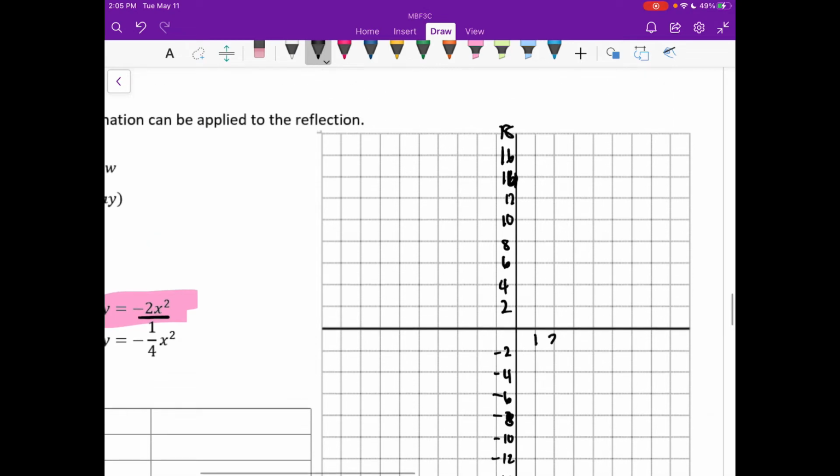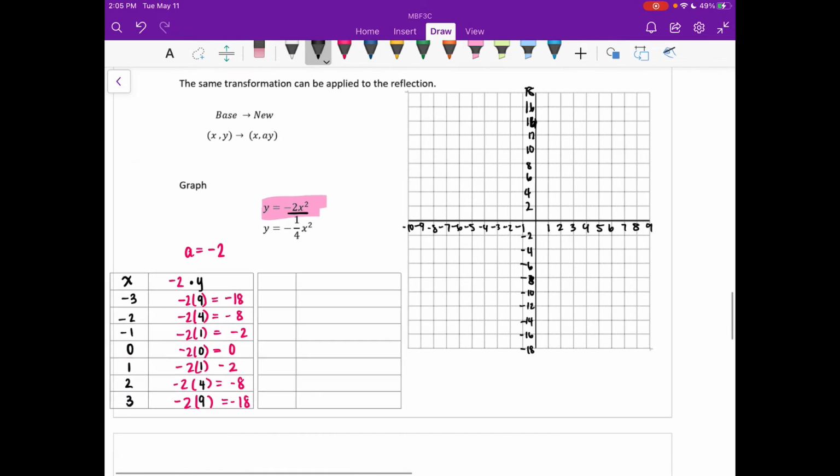And then I went up by 1s. Right? And I'm just going to put in my points. I'm going to say, okay, negative 3 goes to negative 18. So I'm going to draw that in.